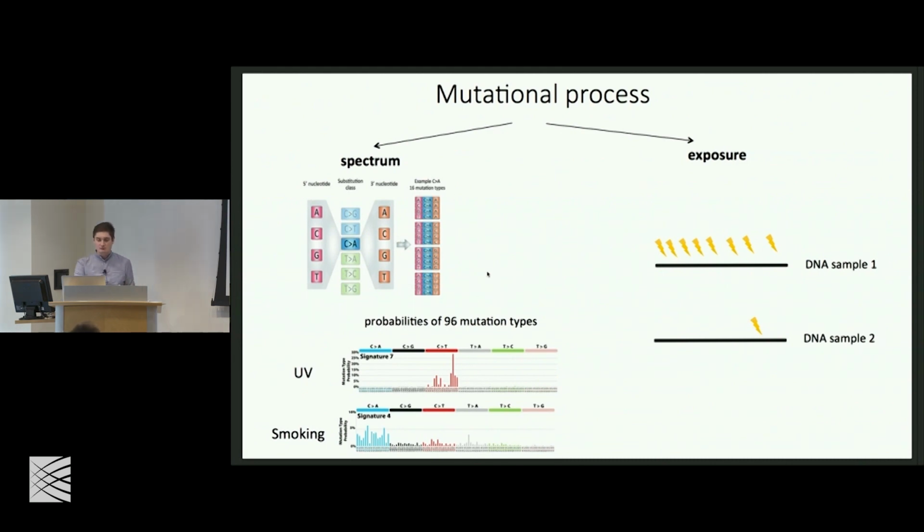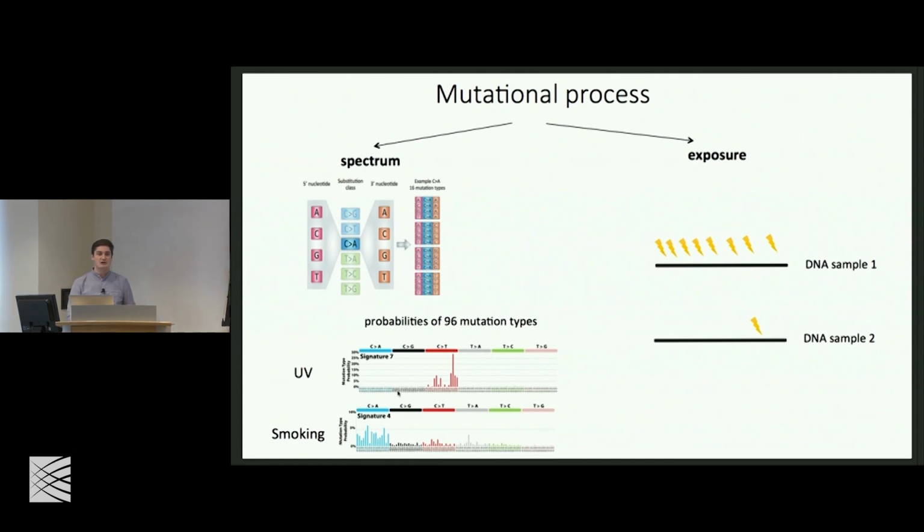Here are a couple of examples of mutational spectra of different processes. This is, let's say, ultraviolet, which is dominated by C>T mutations. You can see that C>T mutations tend to happen in a very specific nucleotide context. That's why context matters. Another example is smoking-induced mutations, which are dominated by C>A mutations.